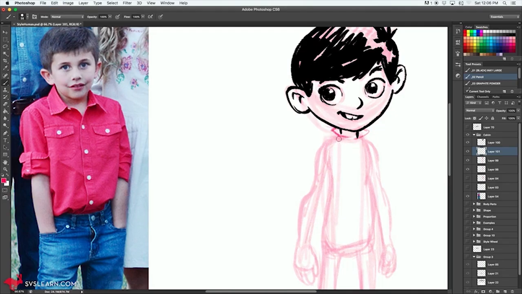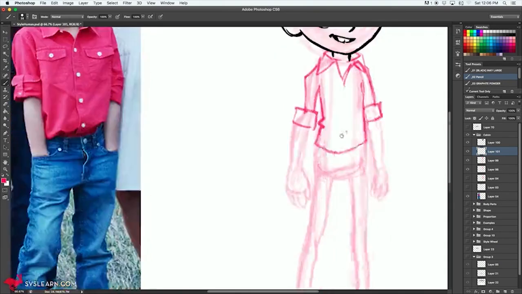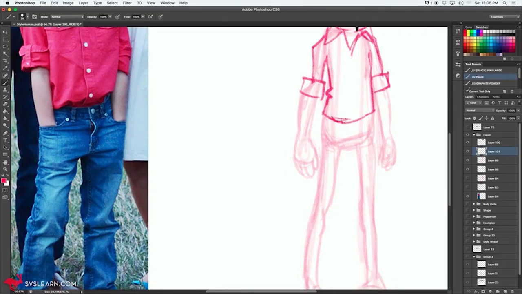Don't like that one either, let's do a better one. There we go. Got his shirt tucked in.